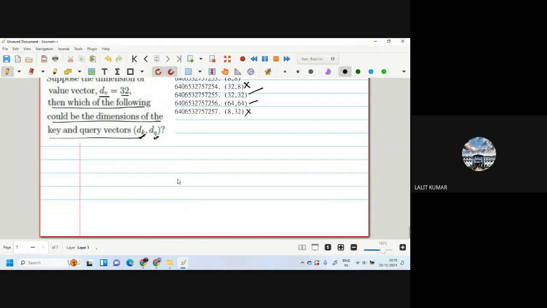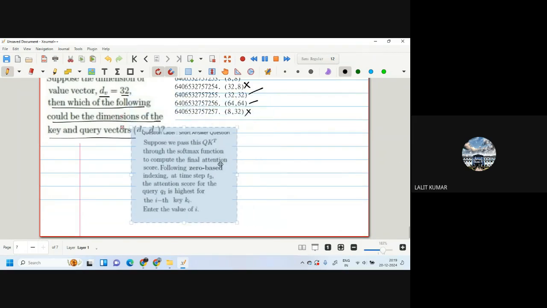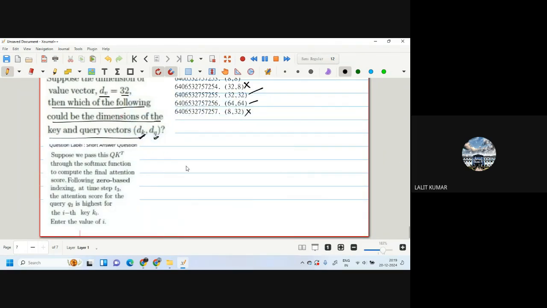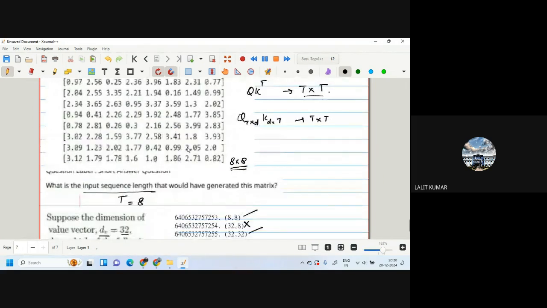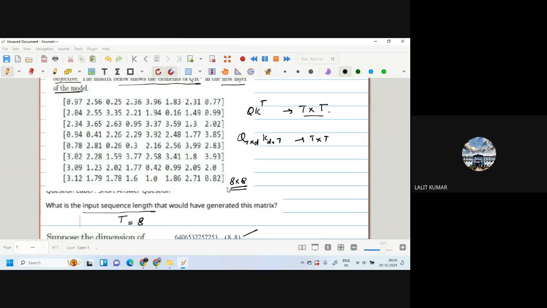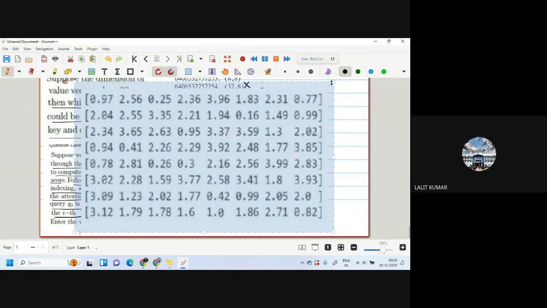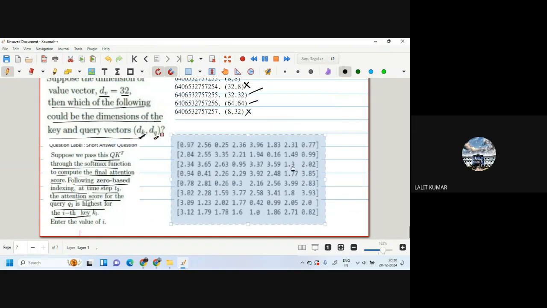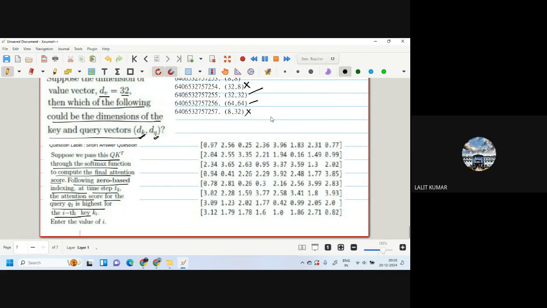Now a follow-on question: suppose we pass QK^T through the softmax function to compute the final attention score. Following zero-based indexing, at time step t=3, the attention score for Q3 is highest for which one? Again, the concept they have asked about is this QK^T, and in the CLM model, at every step we are doing masking.